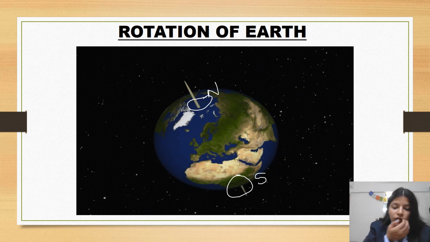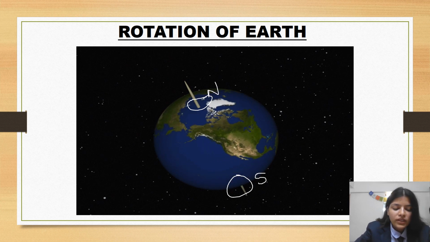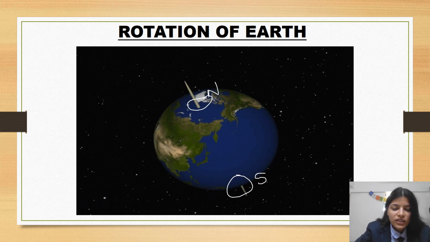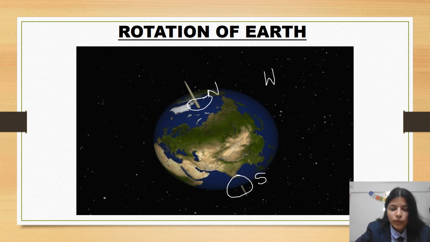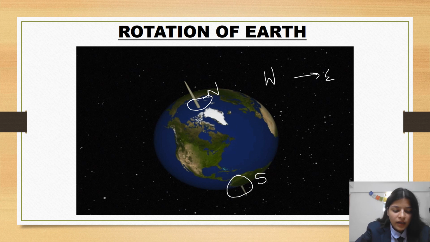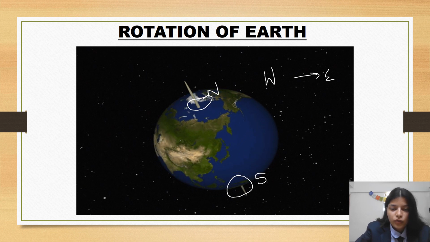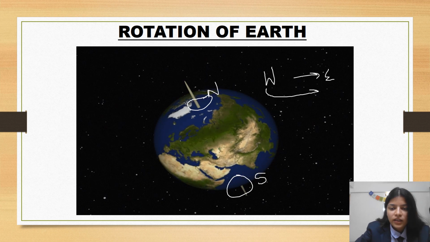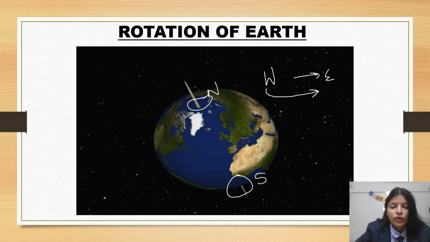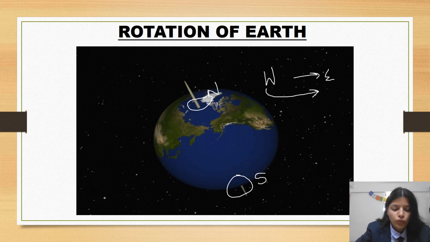So then we can see that the globe can be moved around this needle from west to east, just like the Earth moves. So here we have learned that the Earth rotates from west to east.